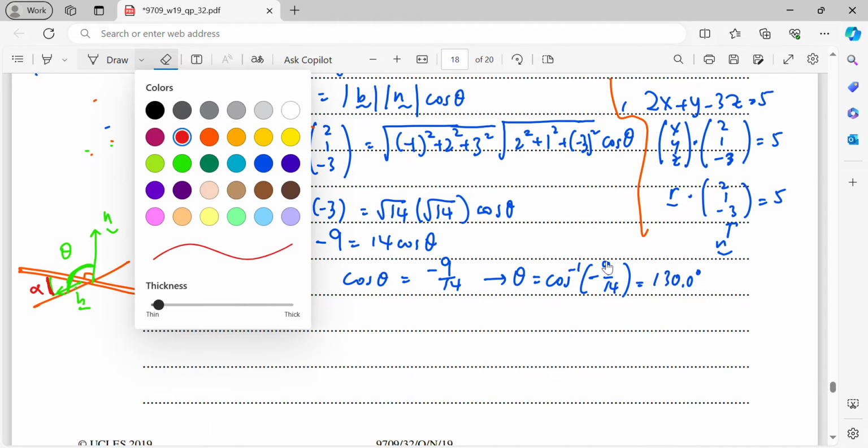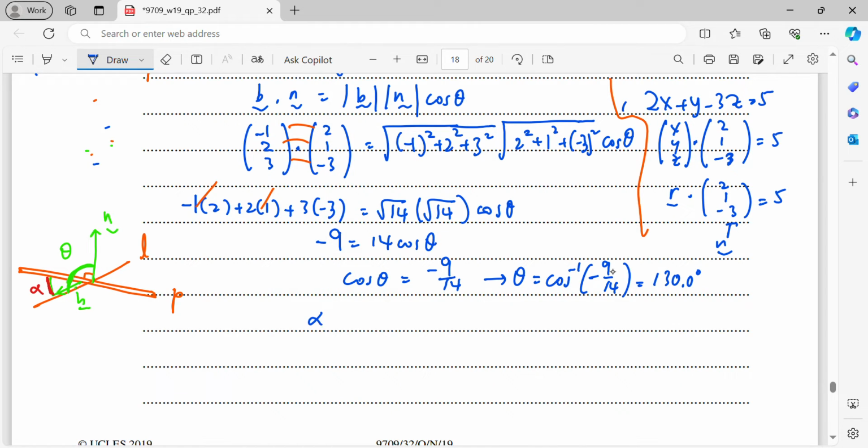So obviously from here, your alpha equals theta minus 90 degrees. Therefore, it will be 130.0 minus 90, which is 40.0 degrees. Okay, done for this part.